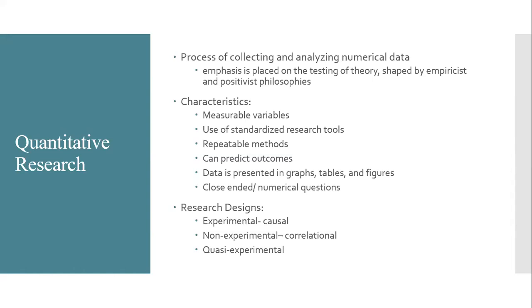Next is non-experimental or a correlational design. So something like a non-experimental design is something in which we are not manipulating any variables. Maybe this is something like an observational study where you're just kind of watching and making observations like that. Or maybe it's something where you have pre-existing groups, right?